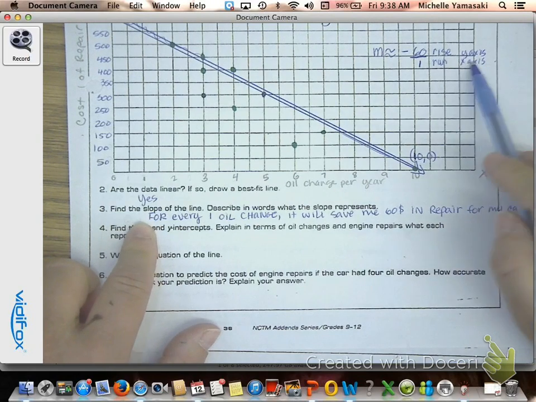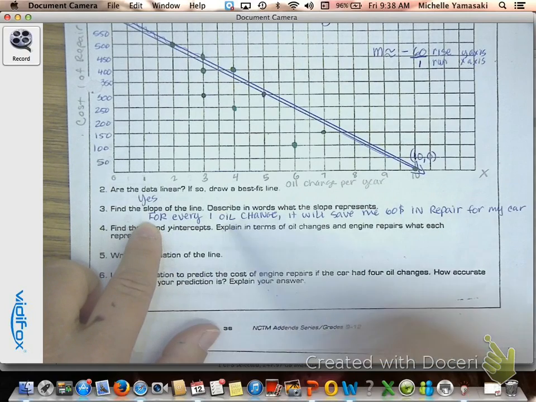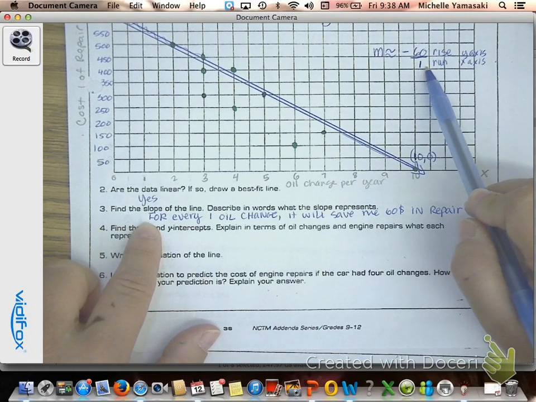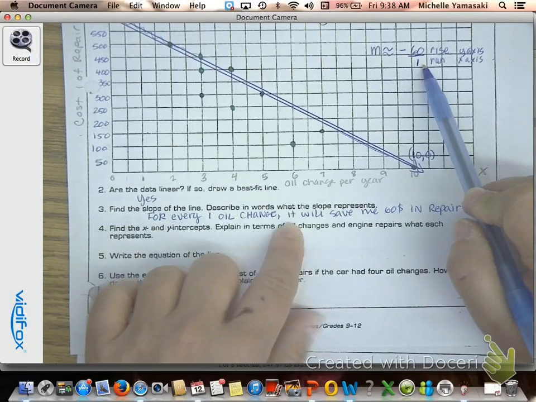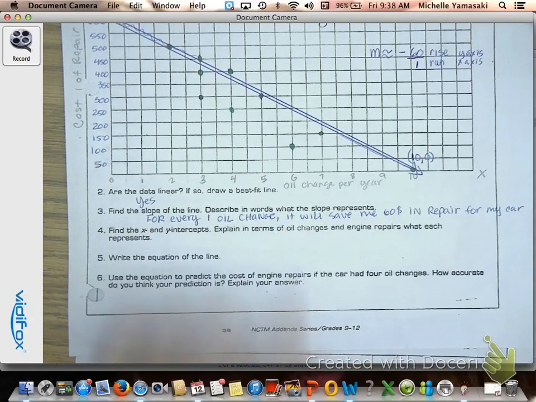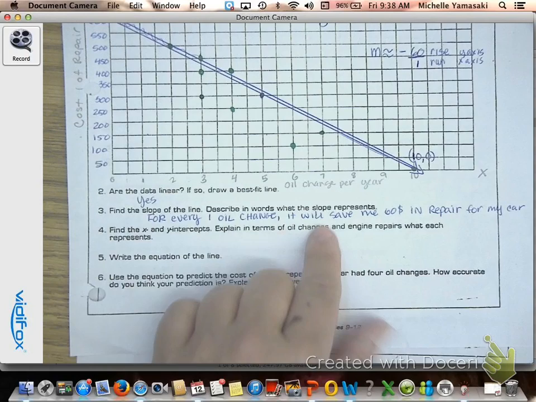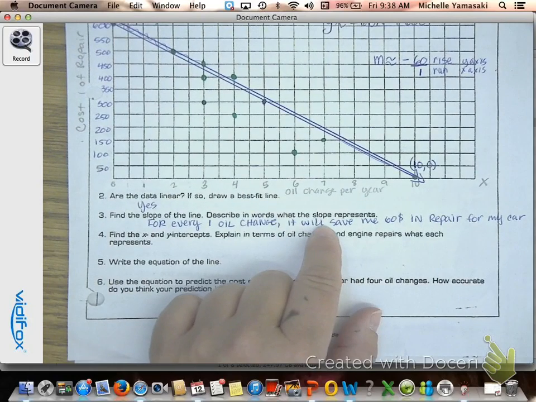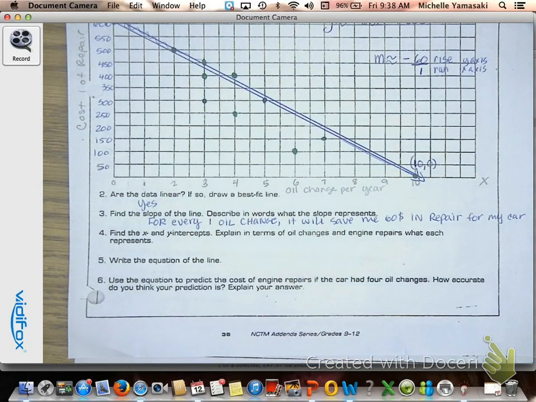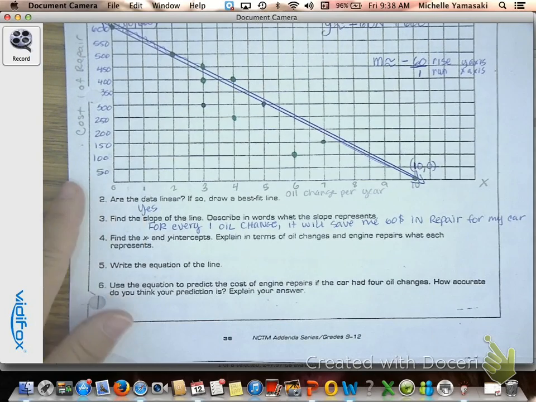So what it really means is that for every one oil change, it will save me $60. That's what the slope represents. Does that make sense? That's the kind of question that Common Core is going to ask you. What does it represent? Not is it a rise over run. Can you relate it to the story? Yes. Okay, next.